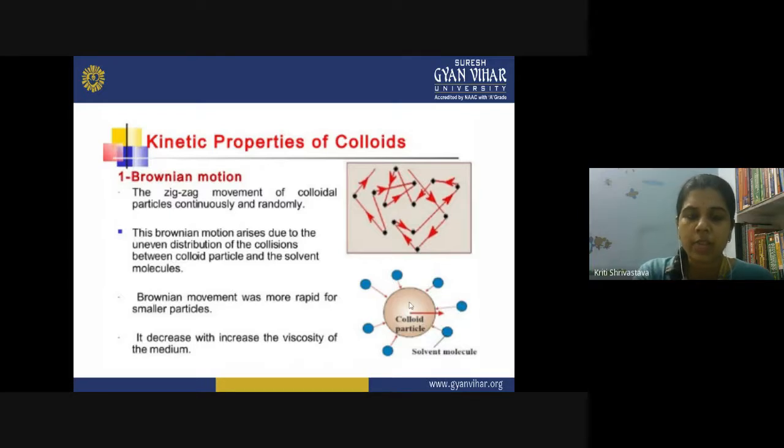So the Brownian motion is a very important kinetic property of colloids, and you have also observed this in the beam of sunlight. We discussed this example yesterday. In the beam of sunlight, you can see the Brownian motion of dust particles. They randomly move throughout the gaseous dispersion medium, and that Brownian motion you can observe in the beam of sunlight.